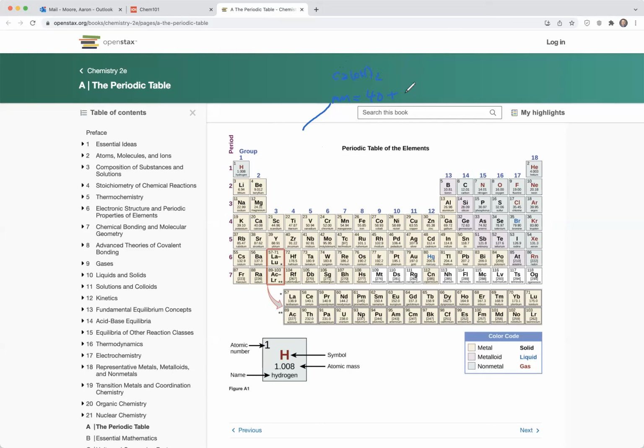So I've got 2 oxygens, so 2 times 16, plus 2 times 1 for the hydrogens. So 40 plus 32 is 72, and then plus 2 more is 74. So that'd be 74 grams per mole is the molar mass of calcium hydroxide.